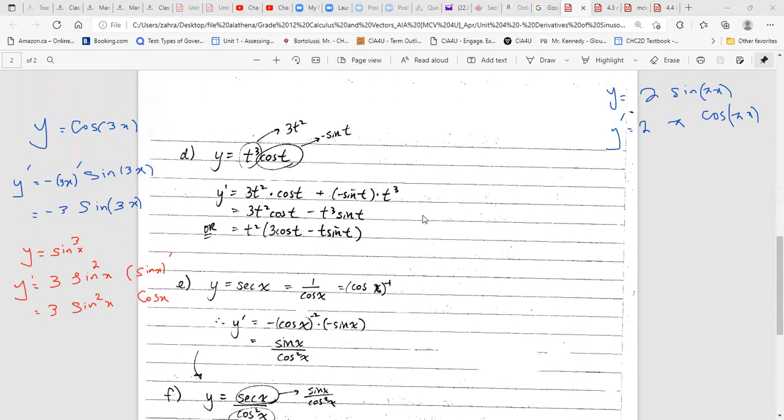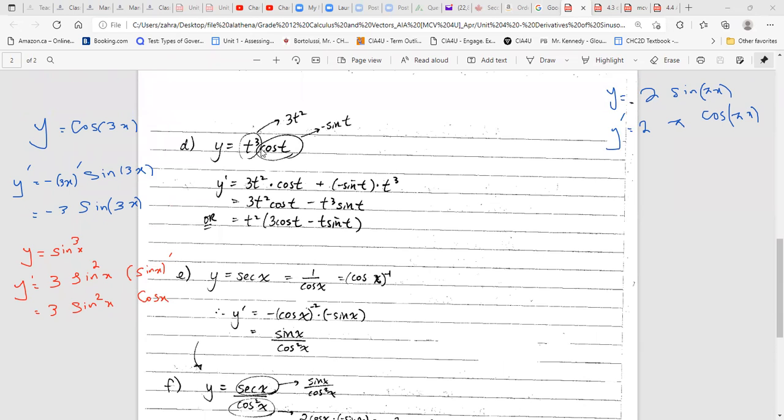Next question. Here, y is equal to t power 3 cosine t. Okay, we use the product rule. So I'm just going to write it down. Y is equal to t power 3 cosine t.